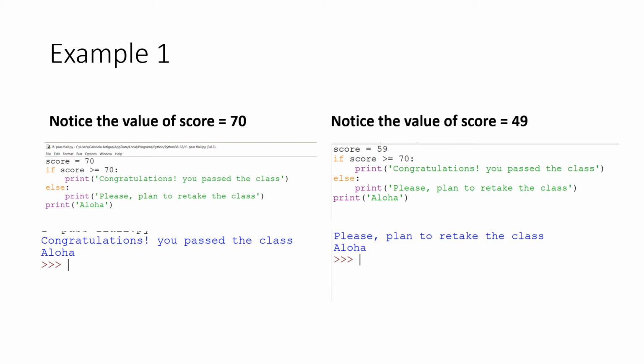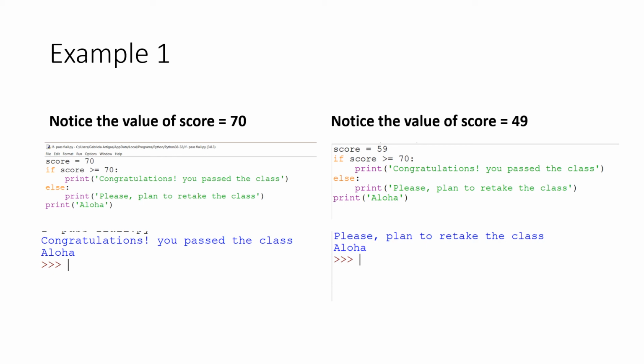Else, so go to the next line, else, colon, print, please plan to retake the class. Close parentheses, next line is not indented, so when it's flushed to the left, it means that it's outside of the control structure. Print aloha.